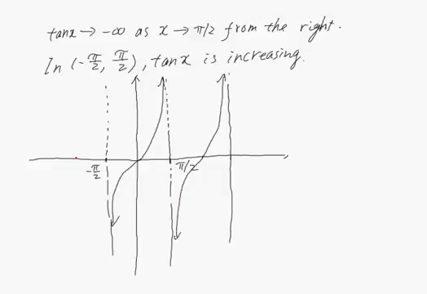And then here, this is pi plus half pi. You have 3 pi over 2, and this is equal to negative 3 pi over 2. And then we get the graph of the tangent x in another cycle.